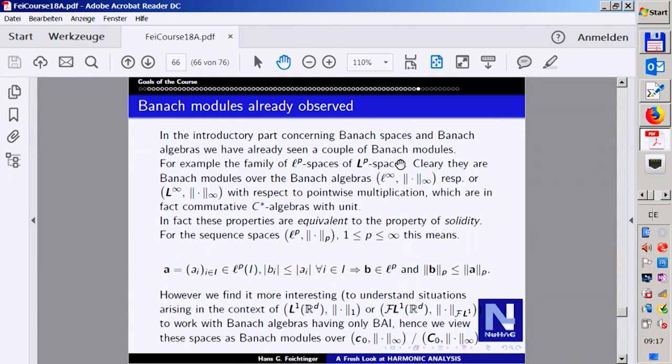Conversely, is it true that if you have a sequence which multiplies LP into itself, it has to be bounded? Well, first you look at the unit vectors. These unit vectors are all bounded in LP, for any LP. They have norm 1 in any LP norm. Then you apply the multiplier.